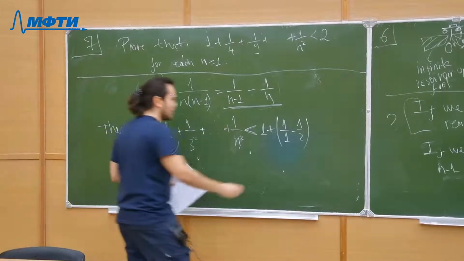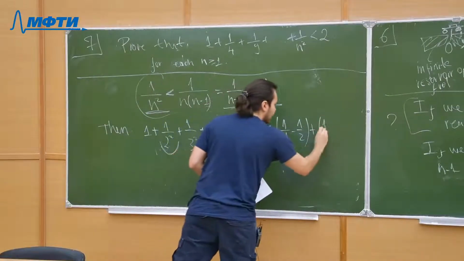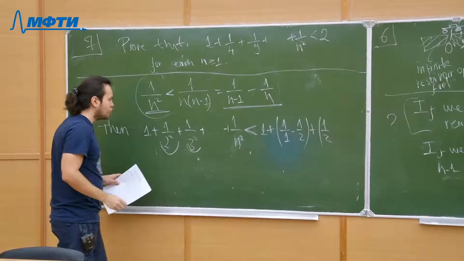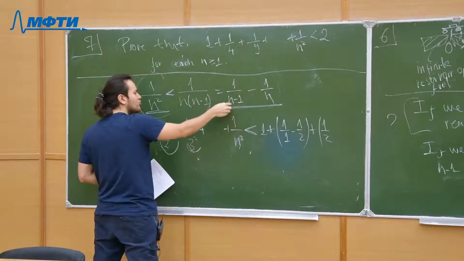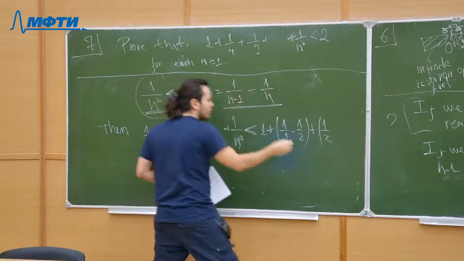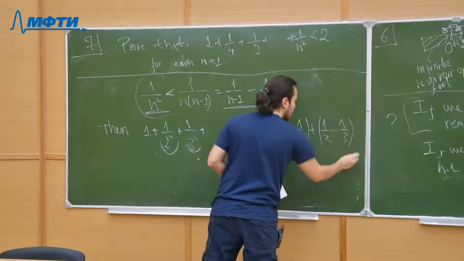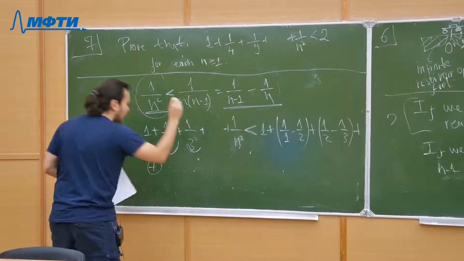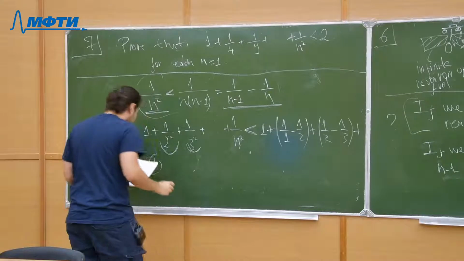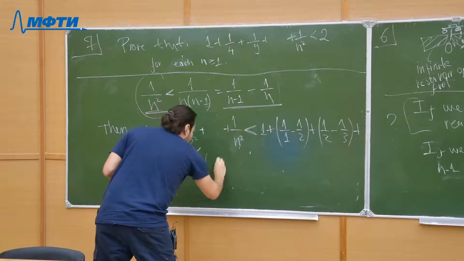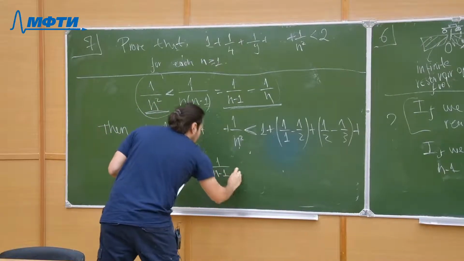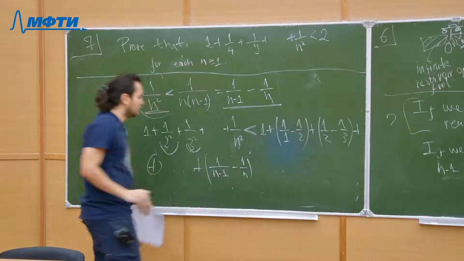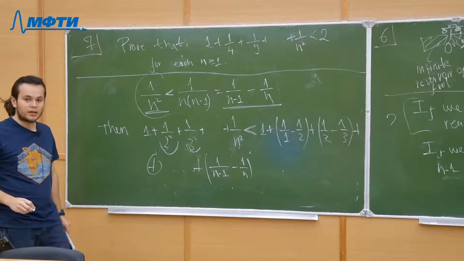Okay, now plus 1 over 2 minus 1 over 3, for 3 squared, plus and so on, until we get plus 1 over n minus 1 minus 1 over n, right? I think this is clear.